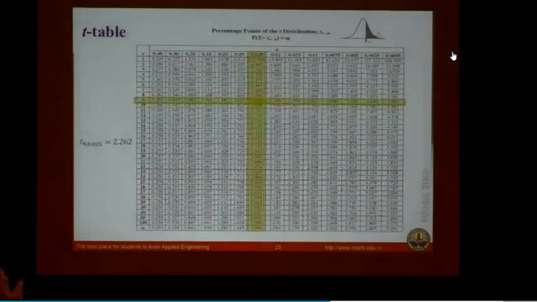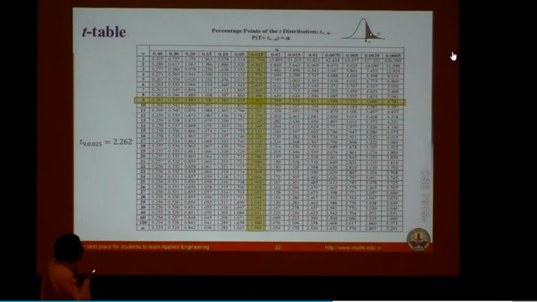Okay? What is happening? So if the critical t value 2.26 is here, let's say, and the sample t value 1.548 is somewhere here, will you reject the null hypothesis? If it is less than the critical value, if it is here, will you reject or accept the null hypothesis?